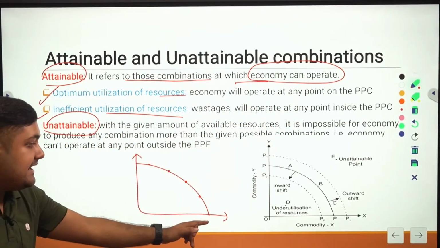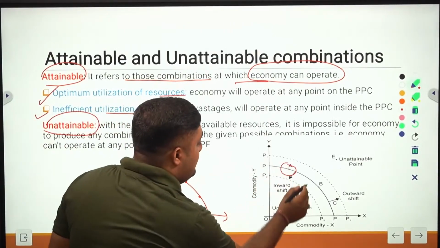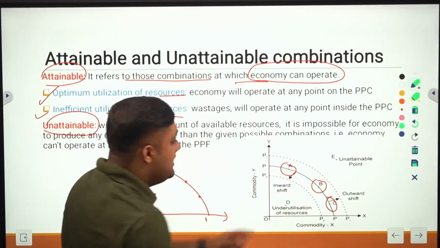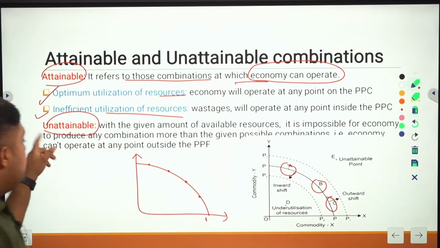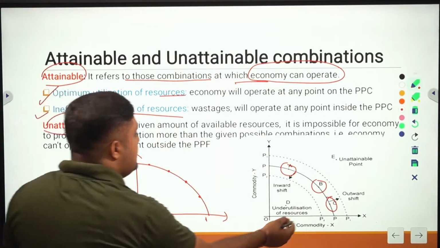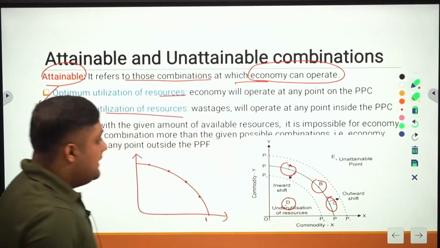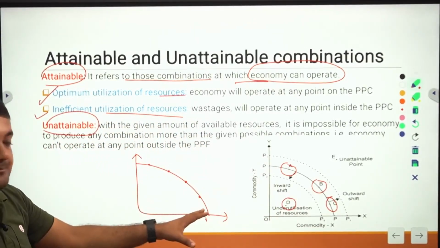So here you can see combination point A, point B, point C. So these are optimum utilization of resources. And inefficient utilization of resources is at any point inside the PPC, okay.